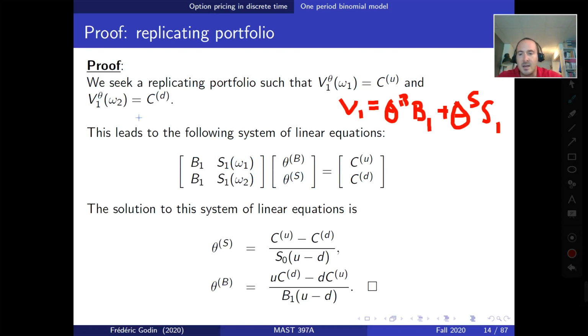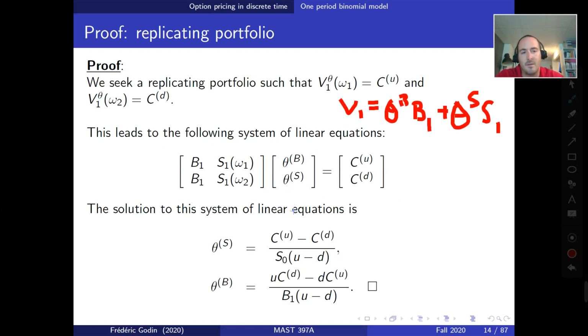And the second equation is simply the second line of this matrix equation, which is CD, the derivative payoff in the downward state, must be equal to the portfolio value in the downward state, which is B1 theta B plus the stock value in the downward state times the number of shares of the stock. So this is a system of two equations, two unknowns, where the unknowns are theta B and theta S, the composition of the portfolio.